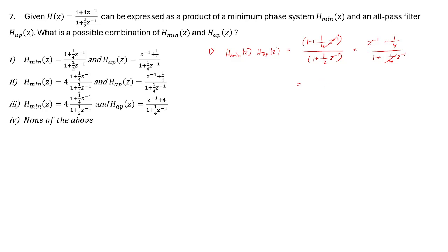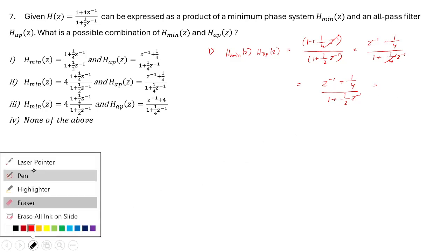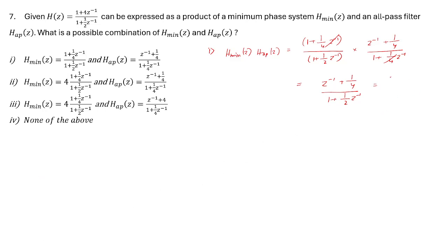See, this cancels out on the z inverse plus 1 by 4 by 1 plus half z inverse, and this results into 4 times (4 z inverse plus 1) divided by 4 plus 2 z inverse.